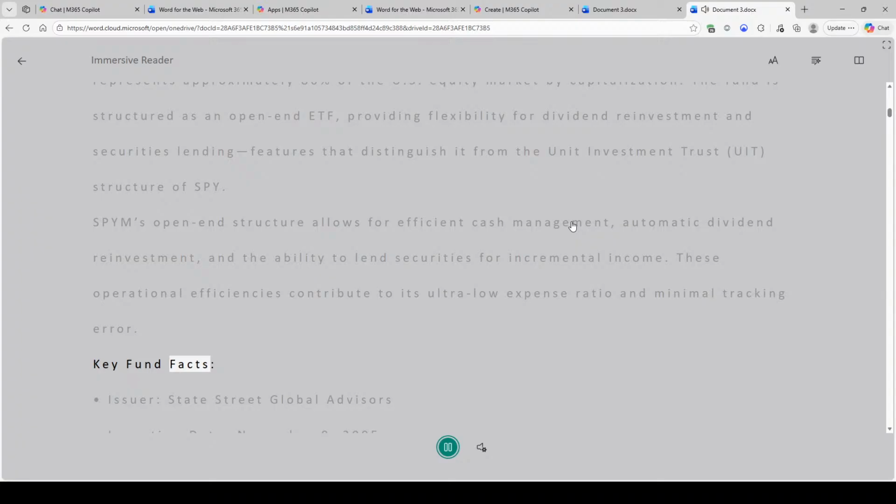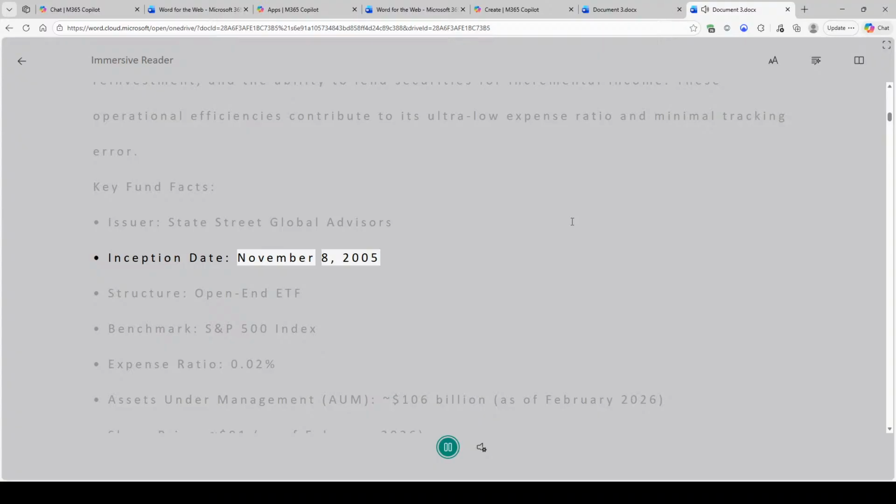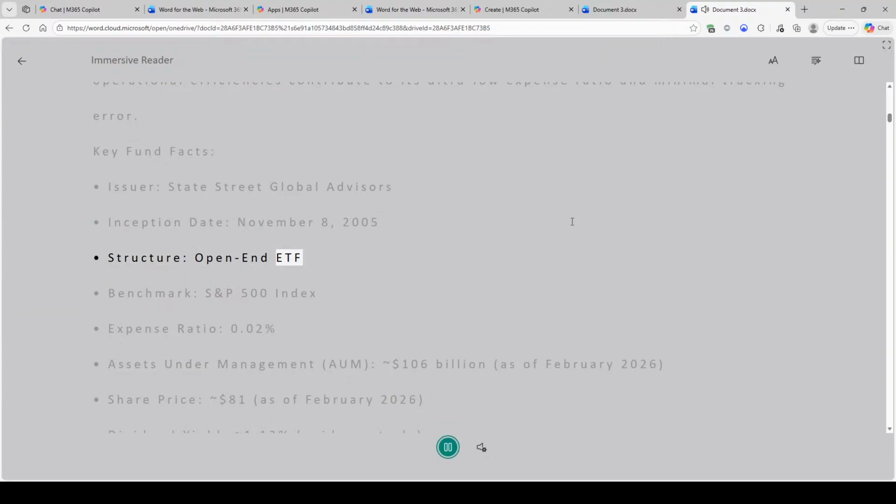Key fund facts. Issuer, State Street Global Advisors. Inception date, November 8, 2005. Structure, open-end ETF. Benchmark, S&P 500 Index. Expense ratio, 0.02%.